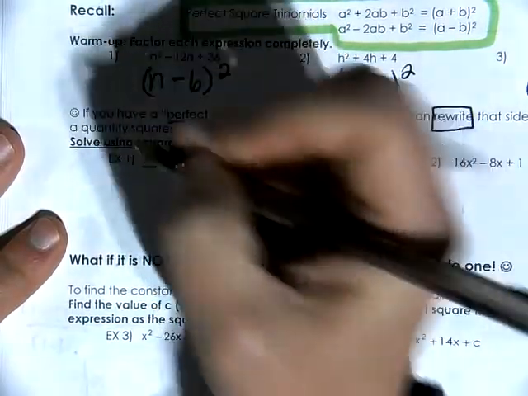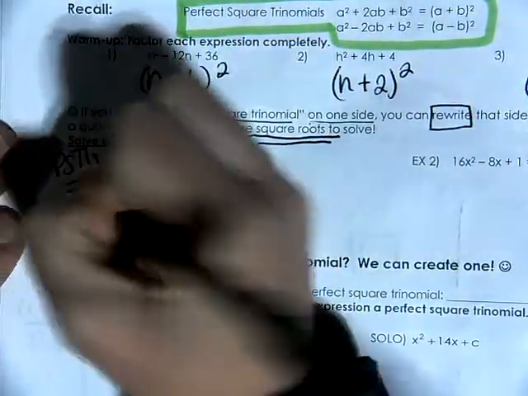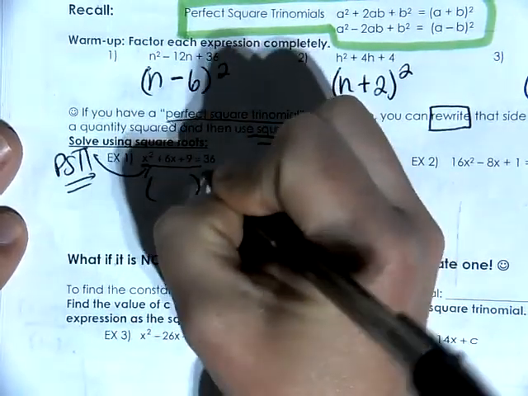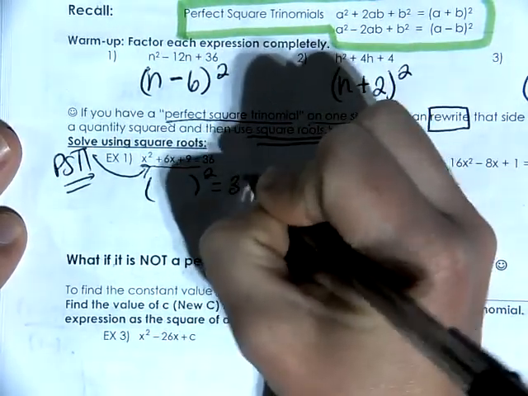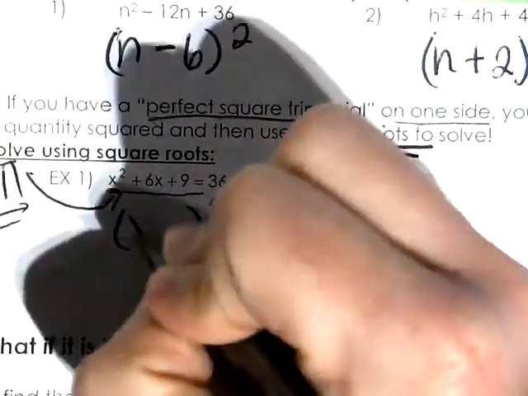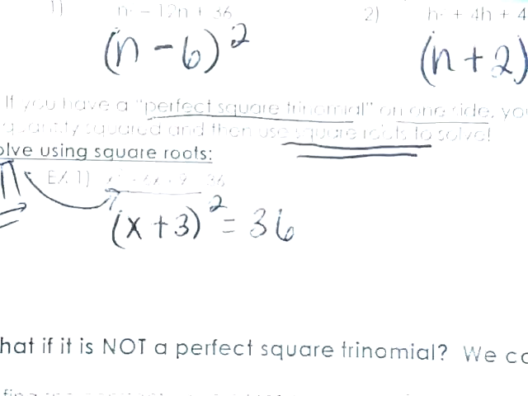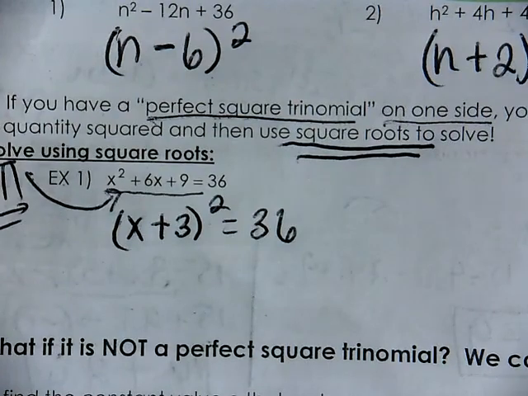This entire trinomial, that's a PST. And the way that we're going to factor it is with a parenthesis squared. We'll still make it equal to 36, but the square root of x squared, that's x. And the square root of 9, that's 3. The sign in the middle is a plus sign, so we have x plus 3 squared.